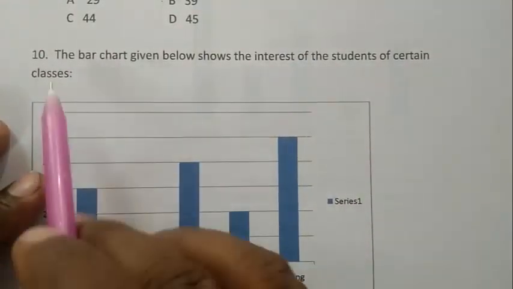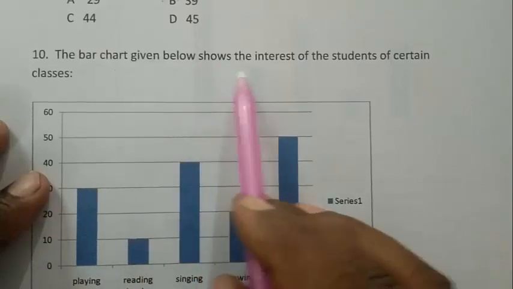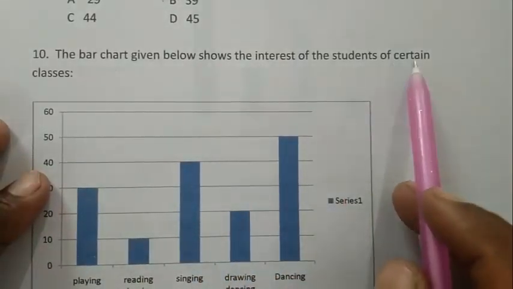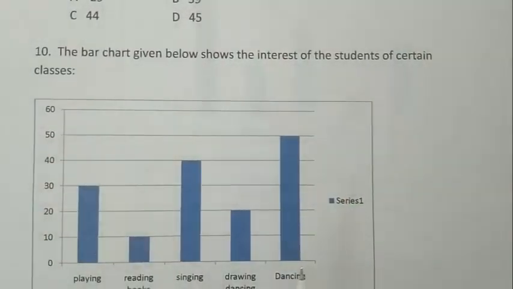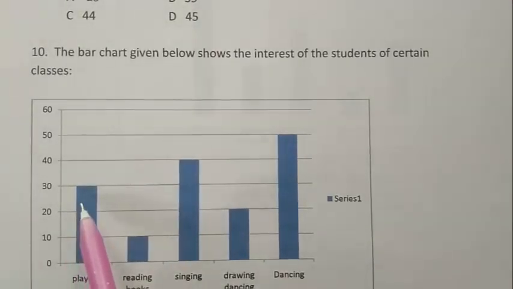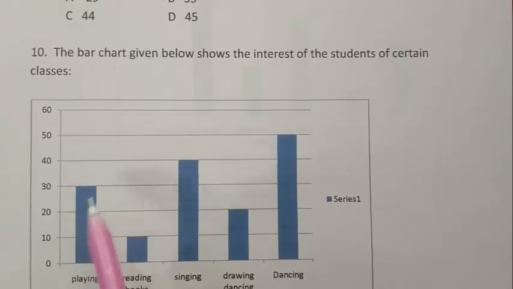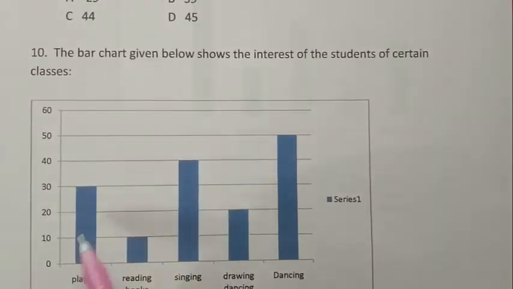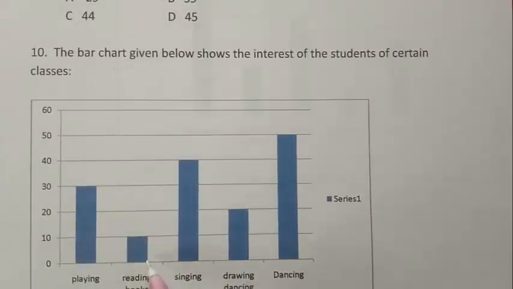Question number 10. The bar chart given below shows the interest of students in certain classes. 30 students are interested in playing, reading only 10, singing 40, drawing 20, and dancing 50.